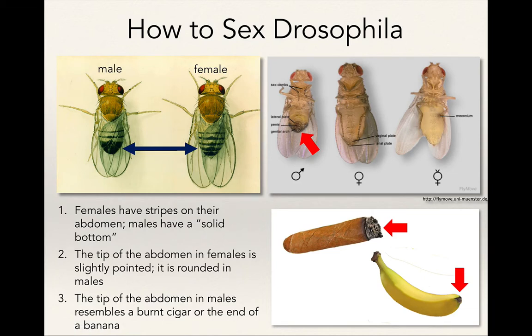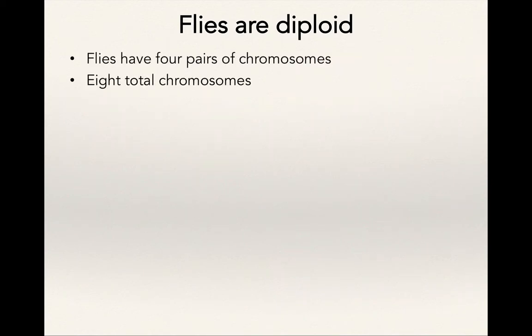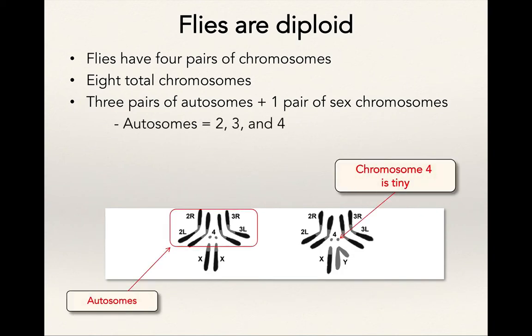Now that you know how to tell flies apart, we can start to get into some more detail. Flies are diploid organisms, just like humans. They have 4 pairs of chromosomes, or 8 total chromosomes. 3 of these pairs are autosomes, and 1 pair is sex chromosomes. Chromosomes 2, 3, and 4 are the autosomes.